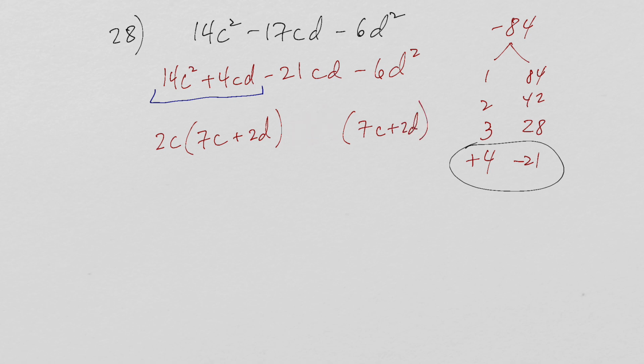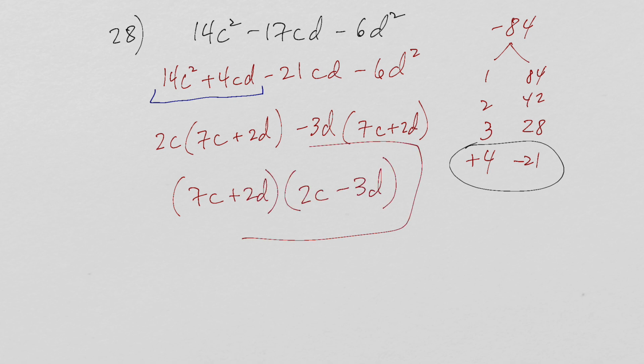And then here, this has got to be a negative 3d, actually. And just double check. Negative 3d times this is that, negative 3d times this is this. So my final answer is 7c plus 2d, that's the common factor, times 2c minus 3d. And you can always FOIL to check that it comes back to that.